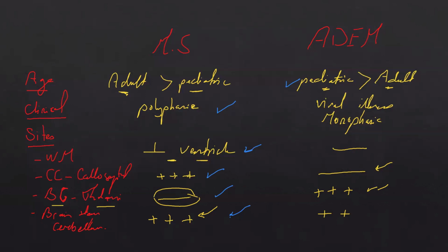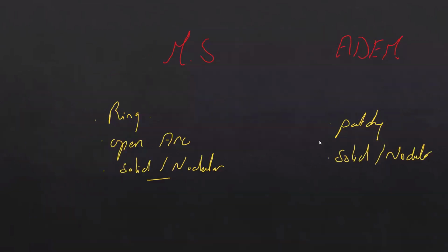Unfortunately, we couldn't inject the patient with contrast at that time because the patient was not prepared on the same day, but we recommended a contrast-enhanced MRI study. Regarding the post-contrast series, MS mainly shows ring enhancement if we have any activity, sometimes an open arc or incomplete ring.